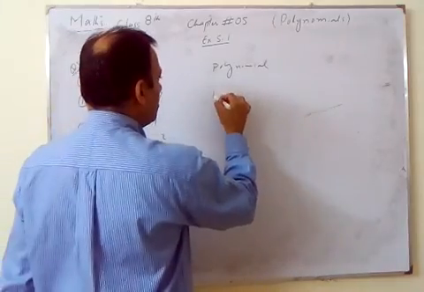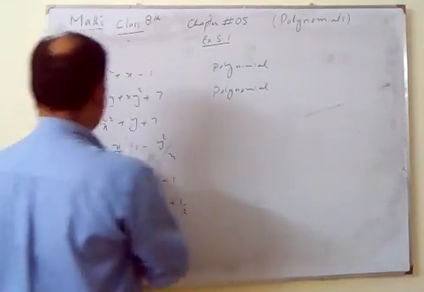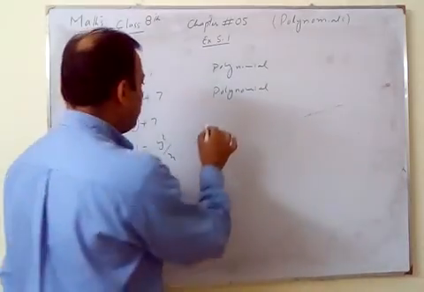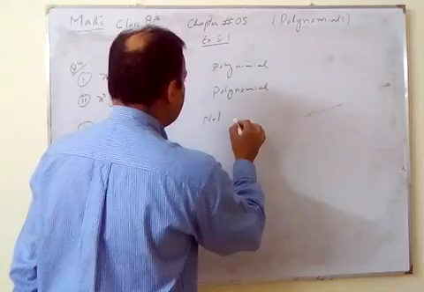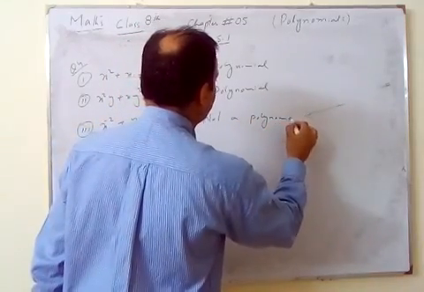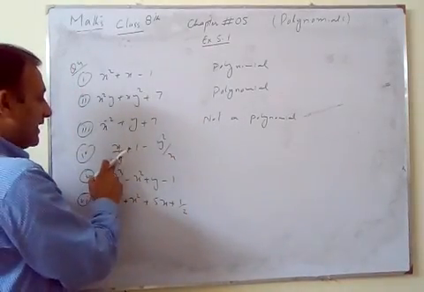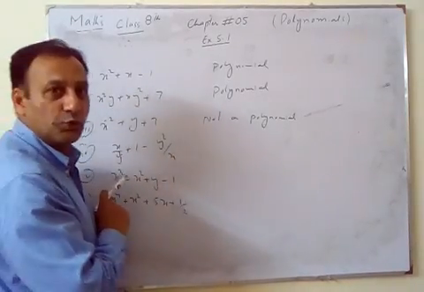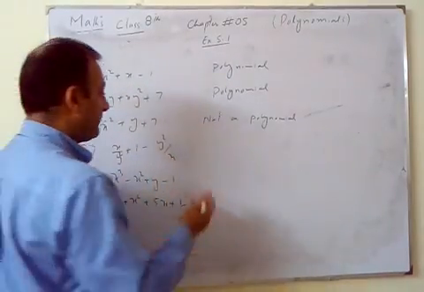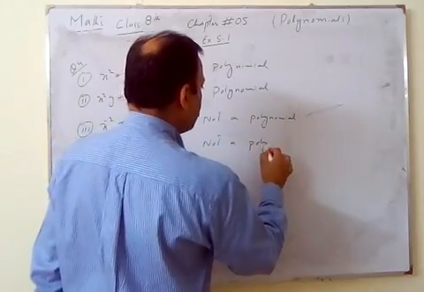So it is also a polynomial. x power minus 2: when the power is minus 2, it means that it is not a polynomial. x over y square means y power is minus 2, and here x is also power minus 1. So it is also not a polynomial.